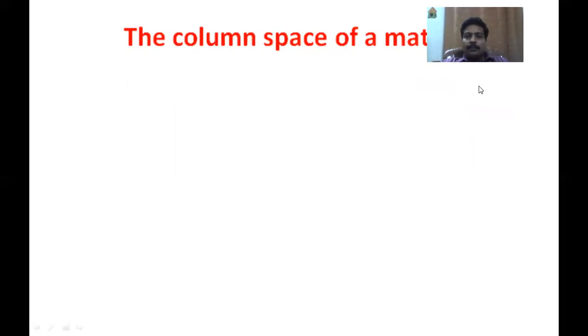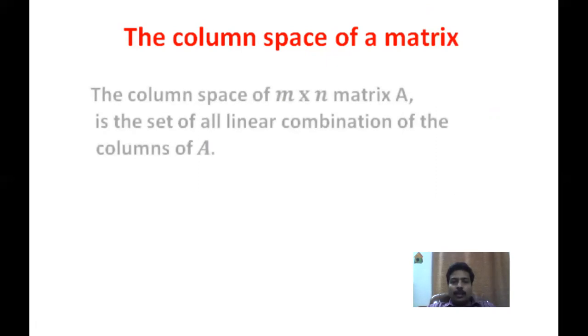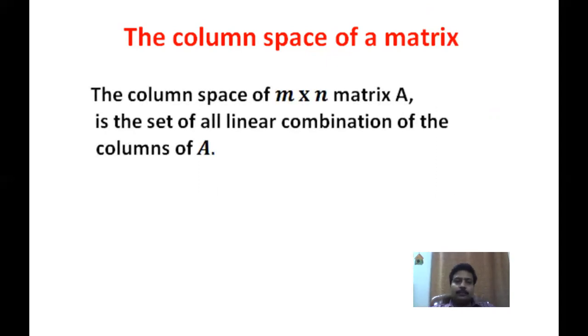And the column space of a matrix is nothing but the set of linear combinations of all of its columns.